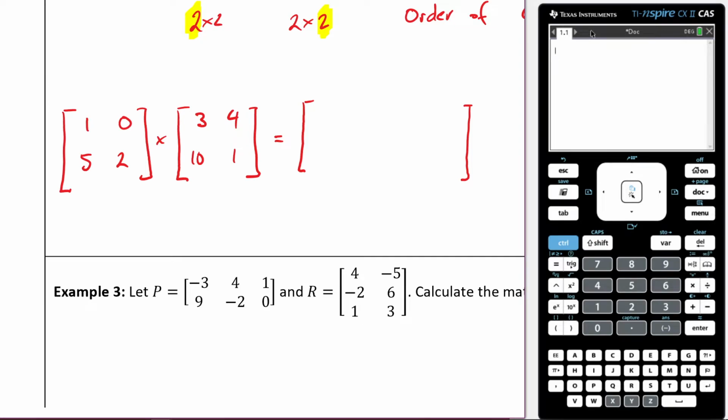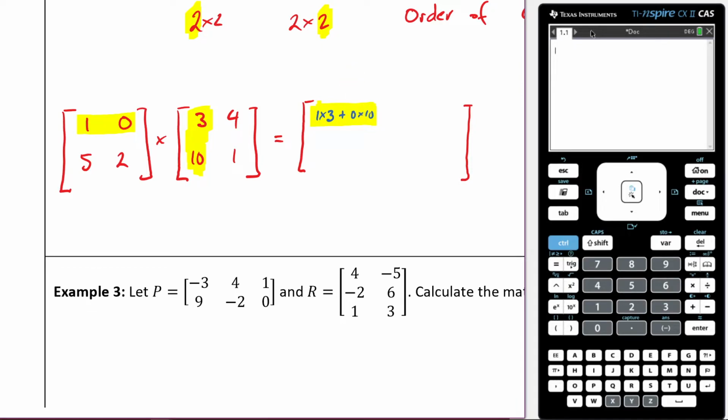So first things first, to figure out what's going to go here, because I'm in the first row, first column, I'm going to consider the first row, first column. And this is what I do. I go 1 times 3, plus 0 times 10.